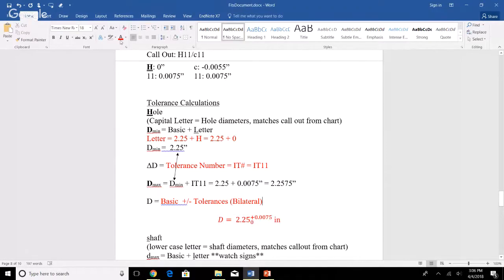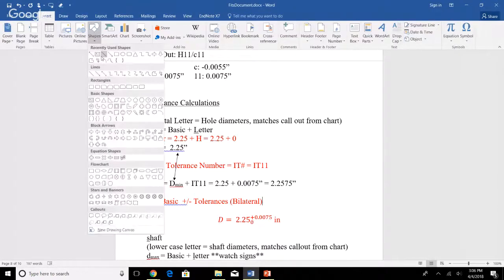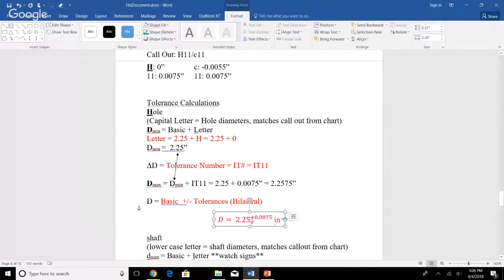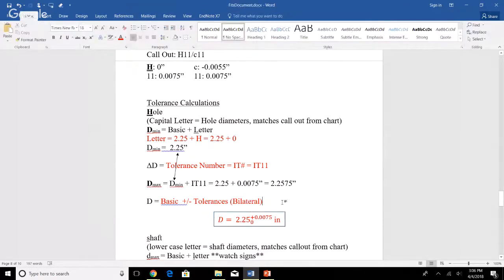So I'll grab a box to box that in, where we have our upper and lower limits on our hole diameter given by our capital D shown here, that's 2.25 plus 0.0075 inches.